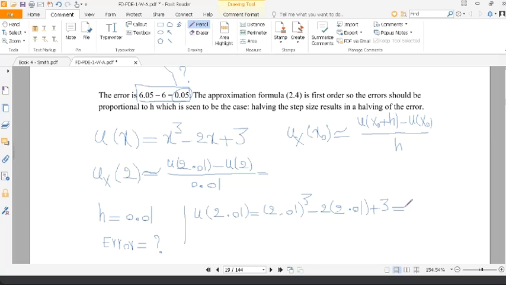Only one digit is a very bad approximation, very bad computing.